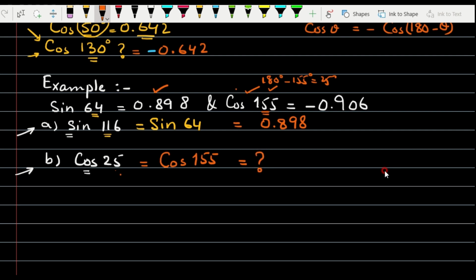The value will be same. Just focus on this sign. Will the sign also be same? No. Sign will be opposite, because you know that the sign will be opposite. So it will be plus, but the value will be same, plus 0.906. Right? So this is how you can easily apply the identities.